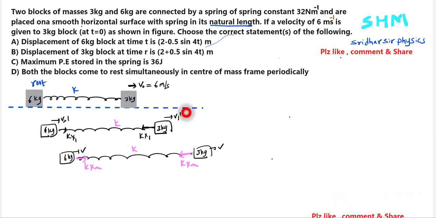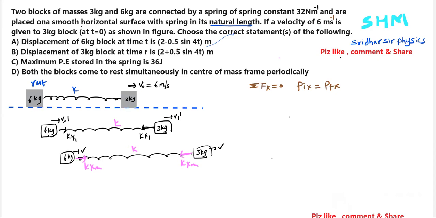We'll apply the conservation of momentum. You see the net force acting on the system is plus kxm minus kxm. Net force is 0, so linear momentum will be conserved, as the net force on the system along the x-axis is 0. Applying conservation of linear momentum: initially, the 3 kg block was given velocity 6 meter per second and the other is at rest.